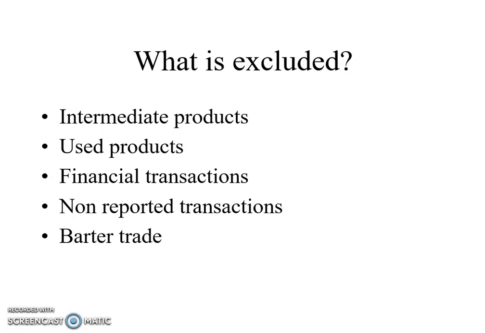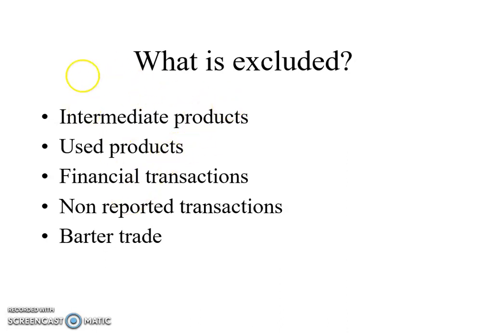However, if a client buys a Michelin tire to replace a flat tire, in this case, the tire is considered a final product. So this is the difference. The reason that we exclude intermediate products is to avoid double counting.